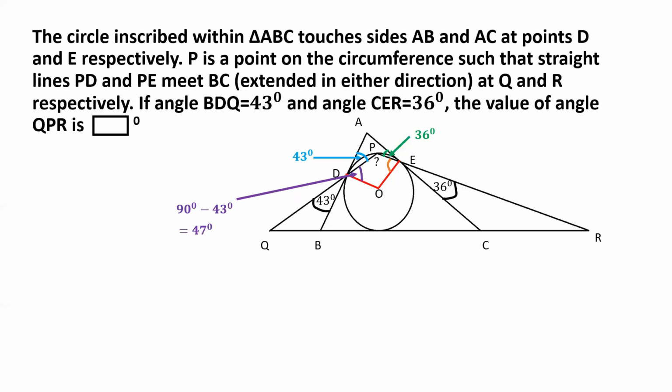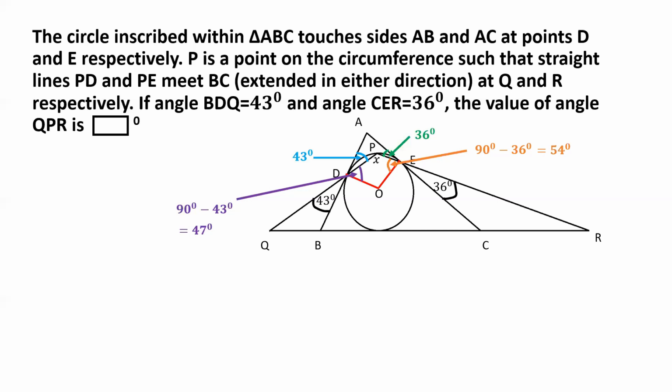Since angle AEO as a whole is 90 degrees and a part of it, angle AEP, is 36, the remaining part, angle PEO, should be equal to 90 degrees minus 36 degrees, which comes to 54 degrees. So now we consider the angle that we have been asked to find out, the one in question mark, and let that angle be x.